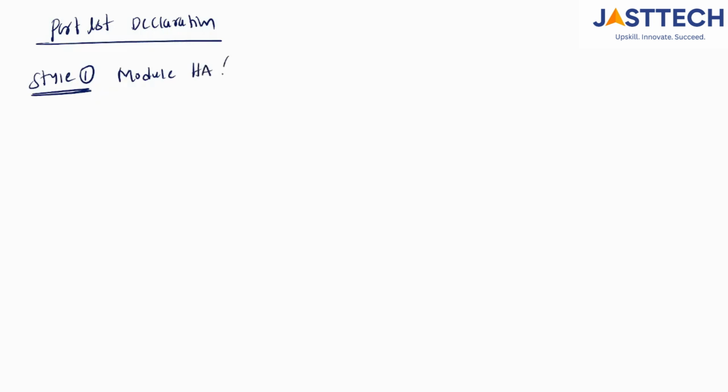You can declare the inputs and outputs. So this is A, B, sum comma carry. And here I can declare input A comma B and output sum comma carry. This is style one.